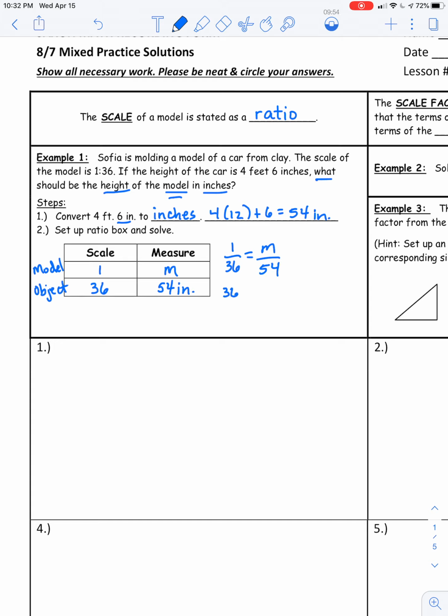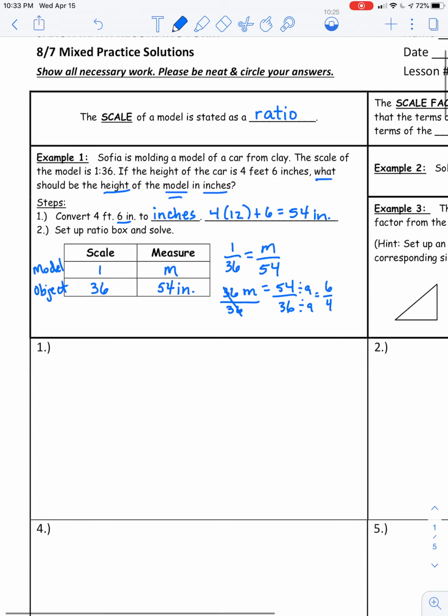When we calculate this with our cross product, we have 36M equals 54. We would divide by 36 because we want to isolate the variable. On both sides we divide. And when you do the math on this, actually I'm going to reduce this here. I can tell that both of these can be reduced by 9. I think there might be something bigger, but we're going to just start with 9 and have 6/4.